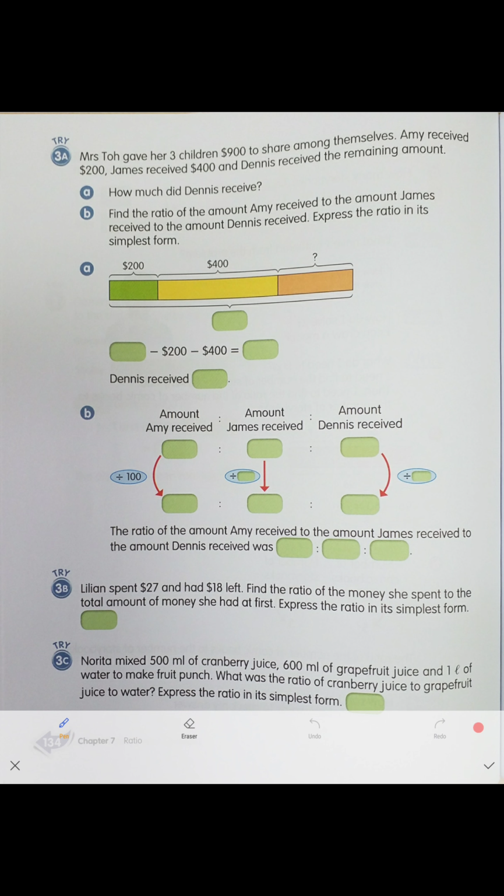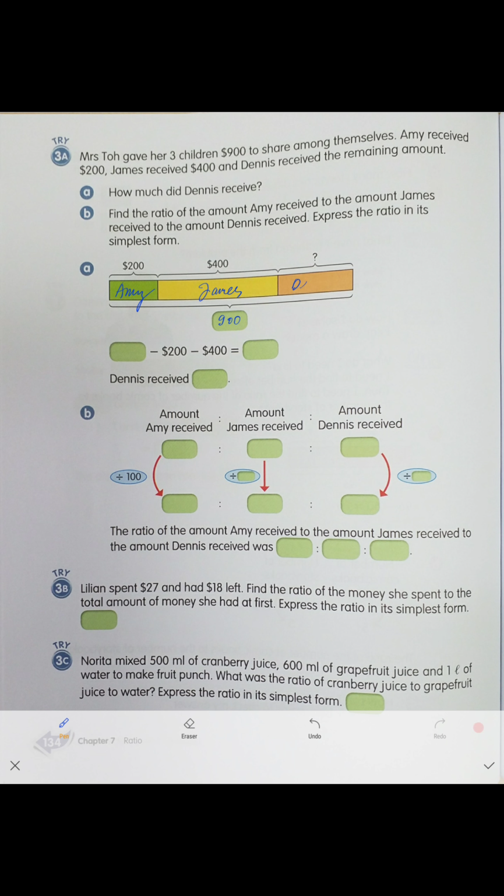Mrs. Toe gave her 3 children $900 to share among themselves. Amy received $200, James received $400, Dennis received the remaining amount, right? Simple model, right? The total amount of money was 900, yeah? So 200, this is our Amy, right? And this is James.